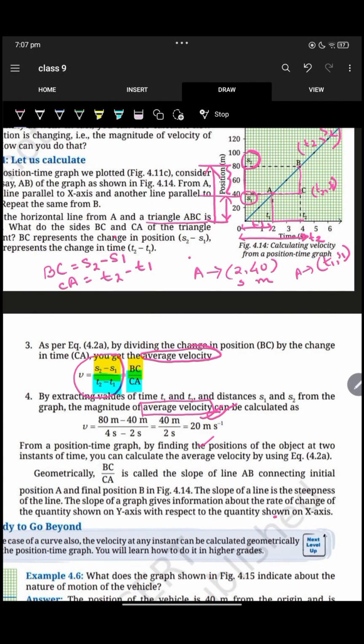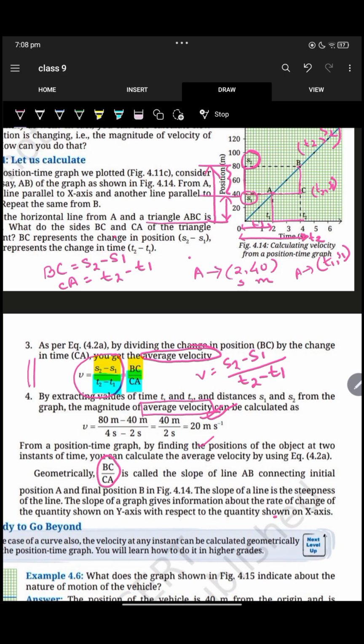So geometrically we can see BC by CA. Now you can say that we can obtain this from the formula as well. Yes, we can obtain it from the formula. We are relating it to the plot. What you have written from the formula is V equal to S2 minus S1, change in distance, by change in time, T2 minus T1, that is delta S by delta T. So here we can see this is equal to BC by CA.